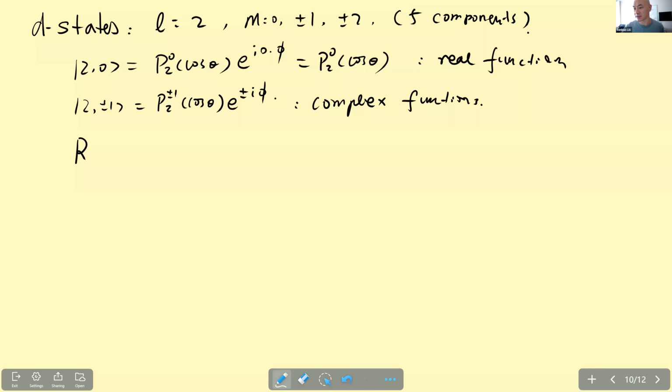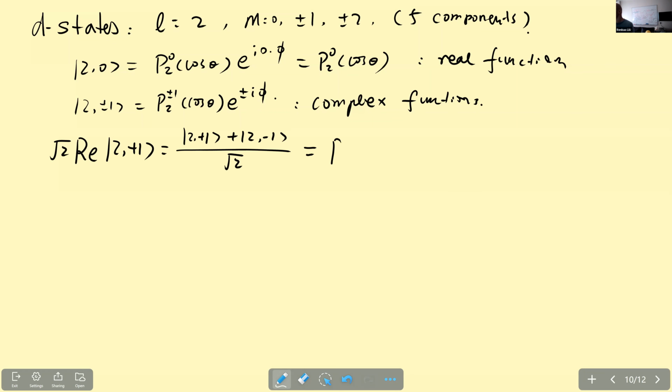Let's look at the real part, and to normalize it we multiply by square root of 2 times the combination Y_2,1 plus Y_2,minus 1. That equals P_2,1 cosine theta times cosine phi.